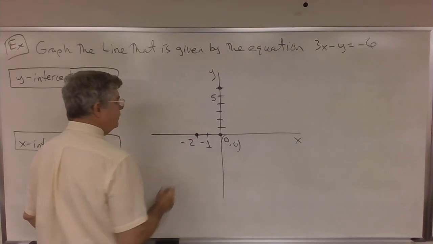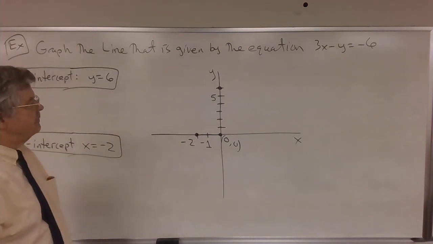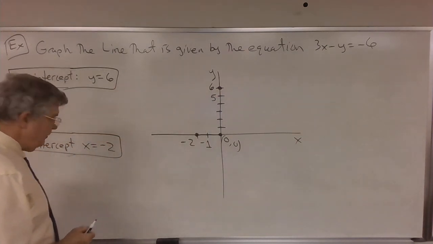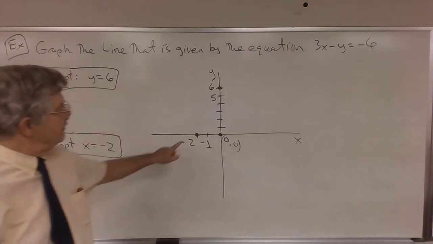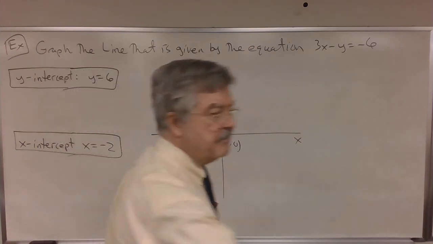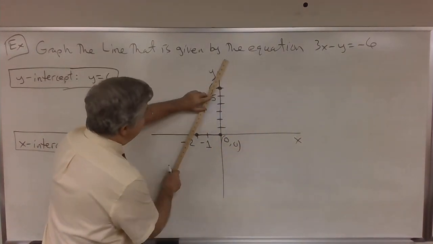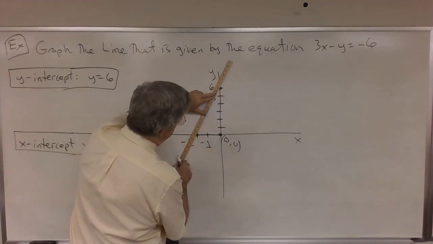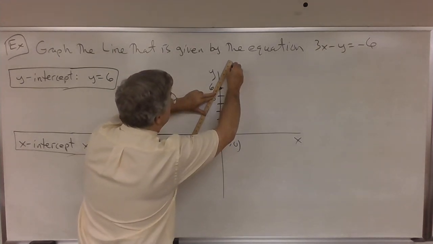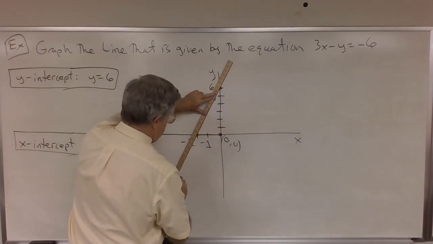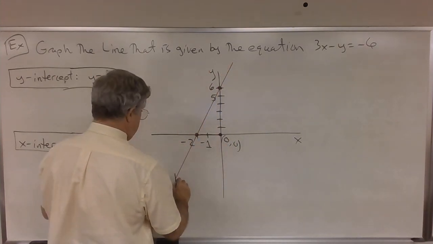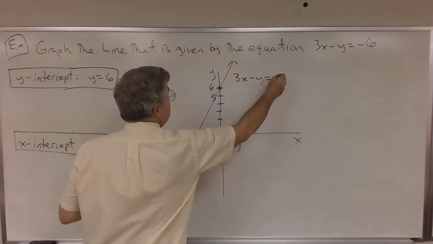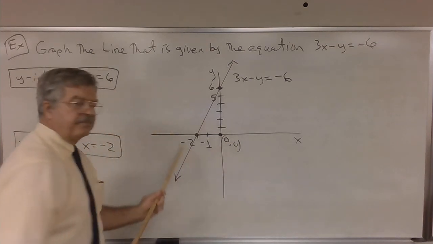So here's x equals -2 on the x-axis. Y equals 6 on the y-axis. The graph of the line goes through the two intercepts. And 2 points on a line are sufficient to graph the line. So here's my line. This is the line 3x minus y equals -6.